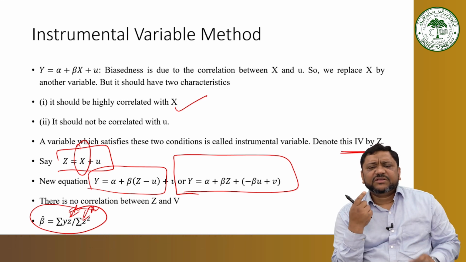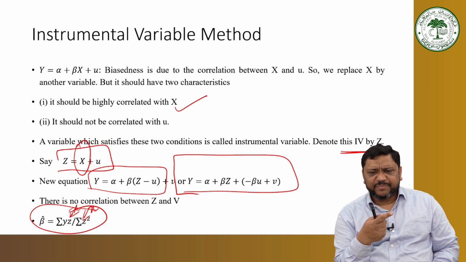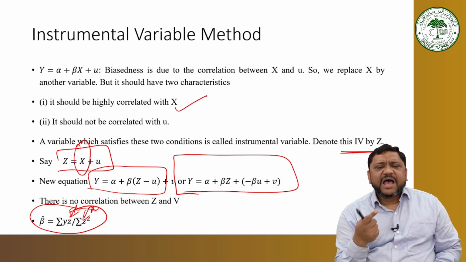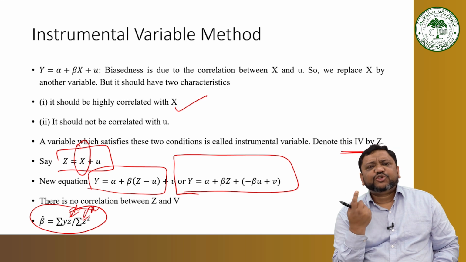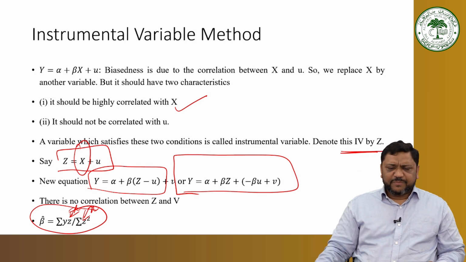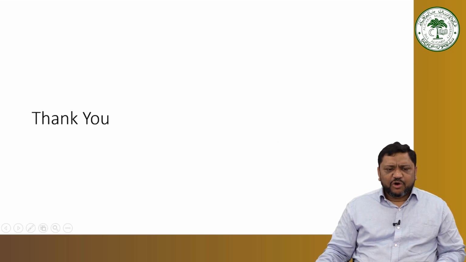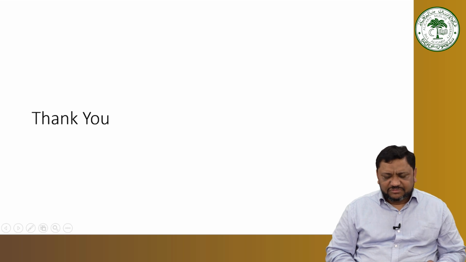The first is that it should be highly correlated with the existing independent variable which we are replacing, and the second is that it should not be correlated with the error. So these are a few of the methods to overcome the error in variable or the measurement error. I hope this lecture is clear to you. Thank you.